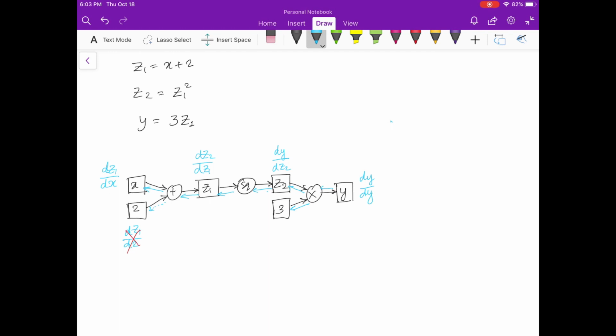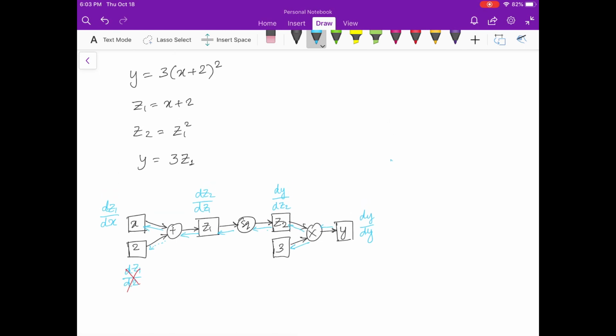Now, why did we do all of this? We use backpropagation to find the derivative of one of the leaf nodes with respect to one of the root nodes. Now in this case, it so happens that the only leaf node we have is y, and the only root node of any consequence is x, because the other two root nodes are constants.